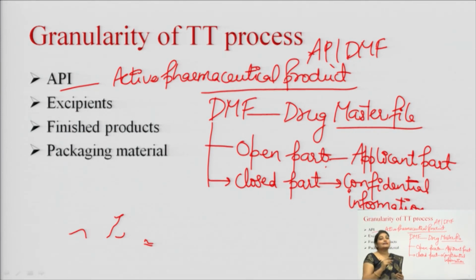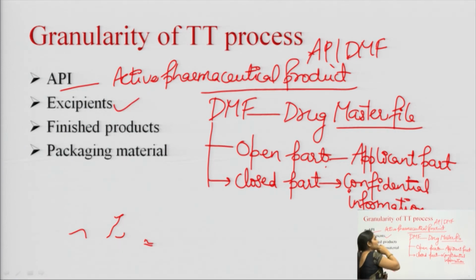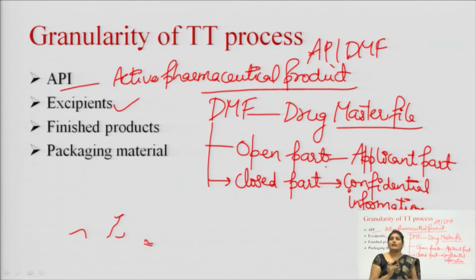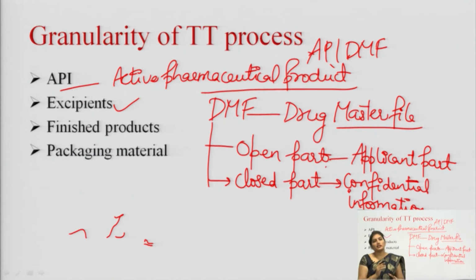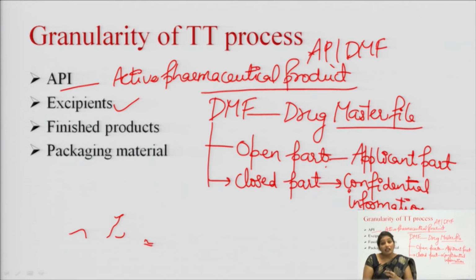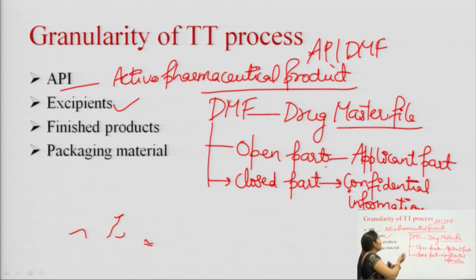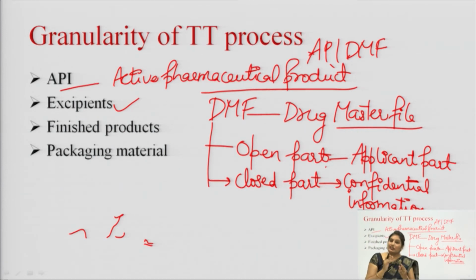Okay. Next is coming on the excipients. So, excipients also play an important role in the manufacturing of product, in the quality of the manufactured product. Okay. Because these are also essential ingredients of the product. So, all the information related to the API should be transferred.